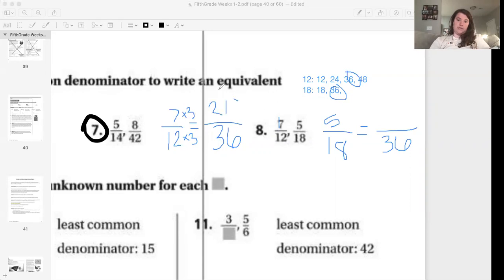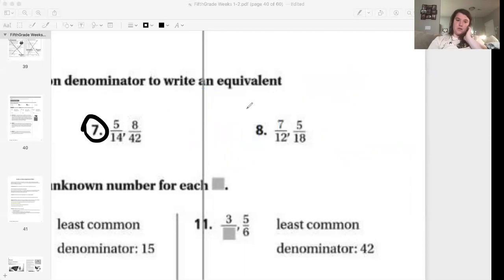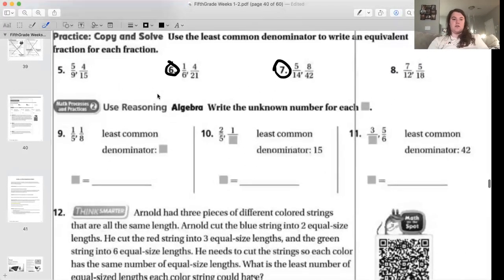So one answer here would be 21 over 36. And then I need to figure out 18 times what is 36. And if I look, it's times 1, times 2. So I also multiply by 2 on the top, and you should easily know 5 times 2 would give you 10. So 10 over 36 would be your second answer. So that's how you do these four. You only have to do 2 of them by yourself, so number 6 and 7.